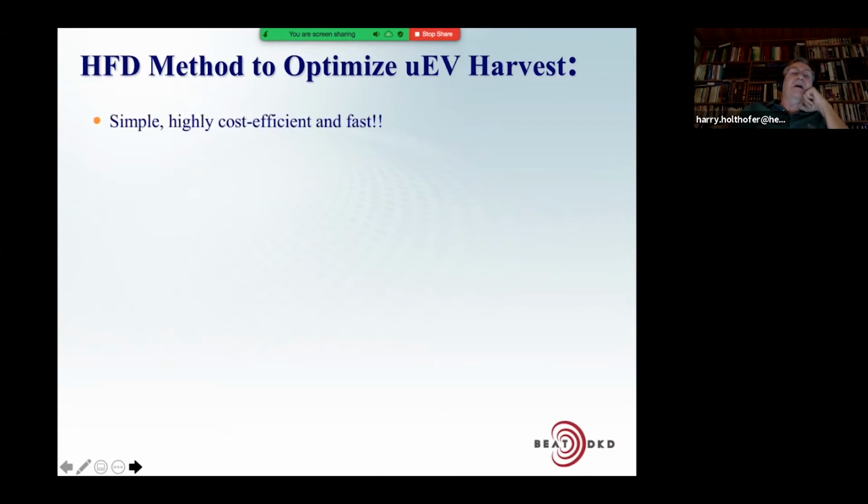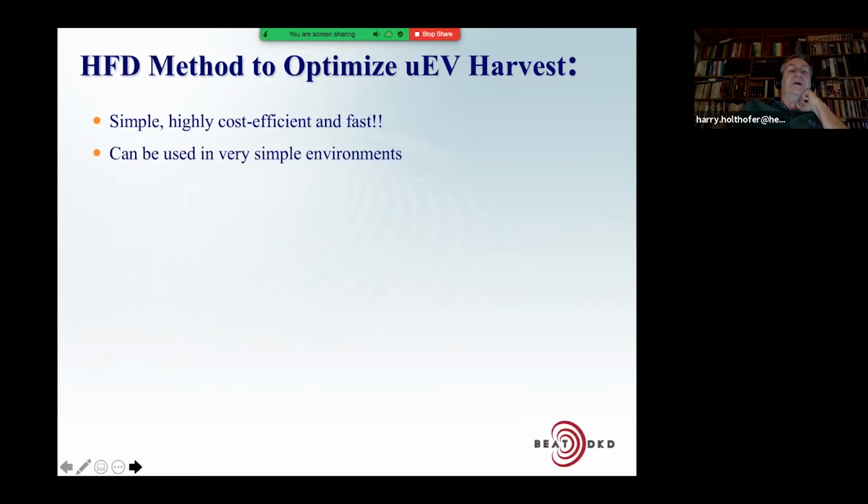So it seems that our HFD method is quite good to optimize the EV harvest, especially from the urine. It is really simple, it's highly cost efficient, and it is fast. It can be used in very simple environments, as I told, but we have also shown that it can be used for cell culture medium, plasma, saliva, urine, milk, and many others.